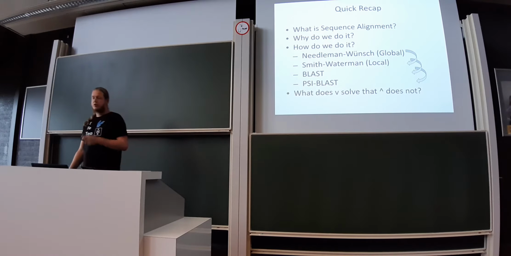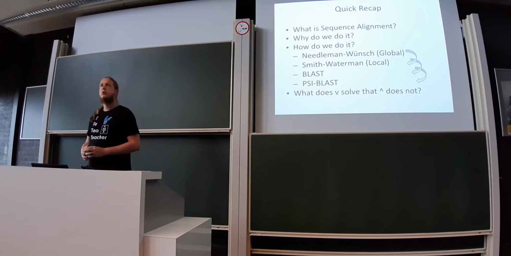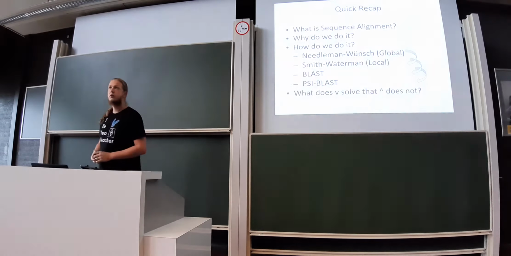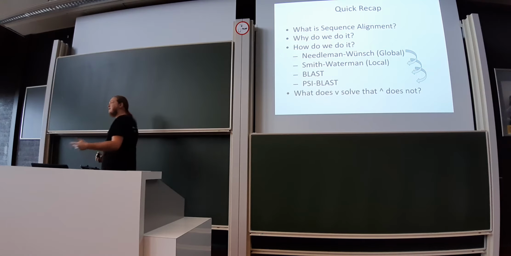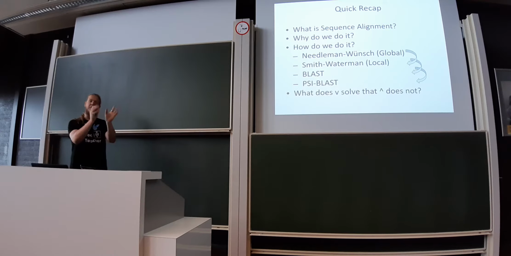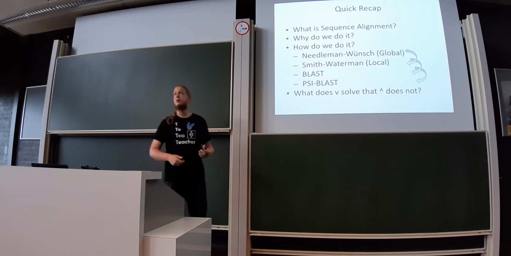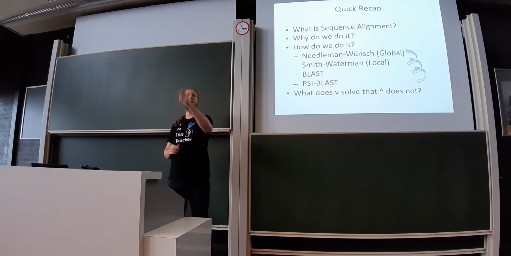Okay. What does local alignment give us that global alignment did not? In other words, what is the added value or the benefit of only looking at part of sequences which align, rather than making the whole set of sequences align? Yes?